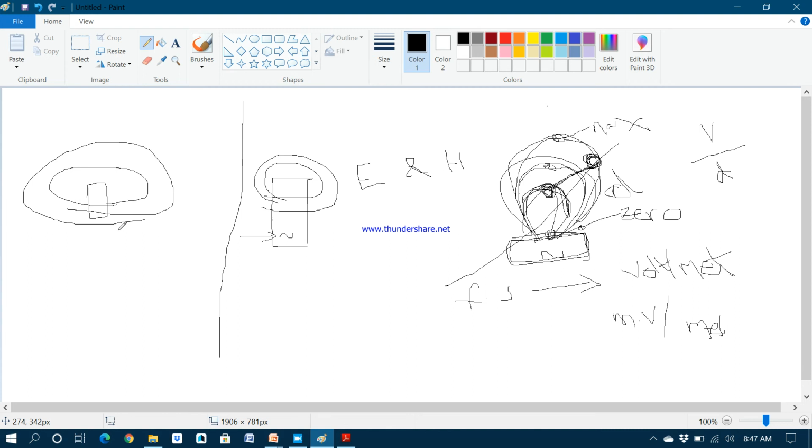An isotropic radiator is defined as one which radiates energy in all directions. If you check this point or this point or any point, the energy radiation is the same.